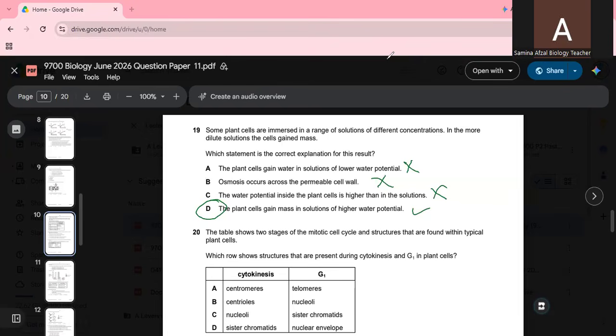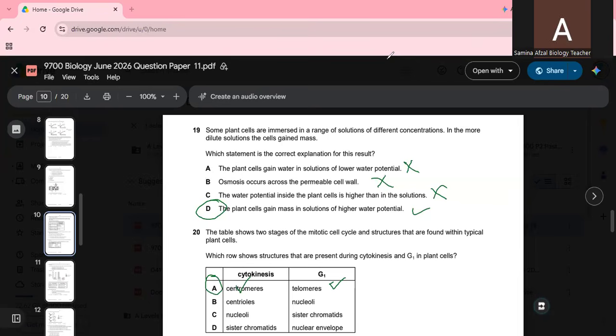This is the correct option because centromeres are present during cytokinesis, and during G1 the telomeres are there. So according to this, A is the correct option.